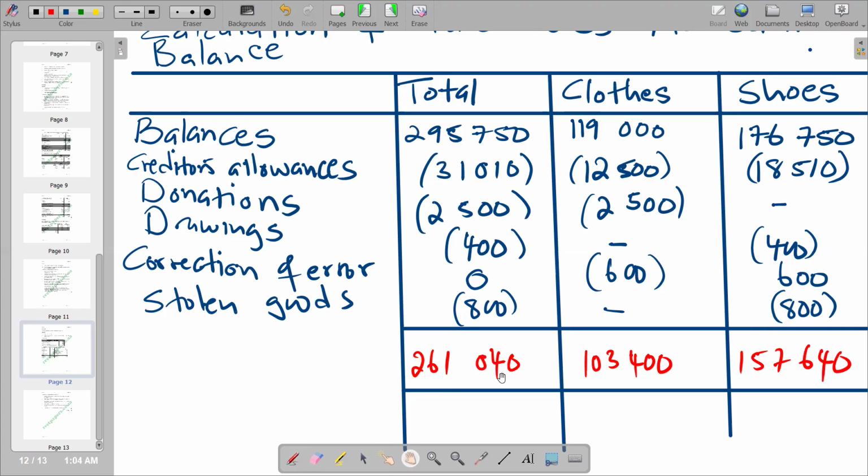So obviously, as we go to the trading accounts, we are going to take our figures for clothes. It's going to be 103,400 as the purchase figure, and then for shoes, our purchase figure is going to be 157,640. So basically, that's what we have on that part, and we proceed to the second part of the question.